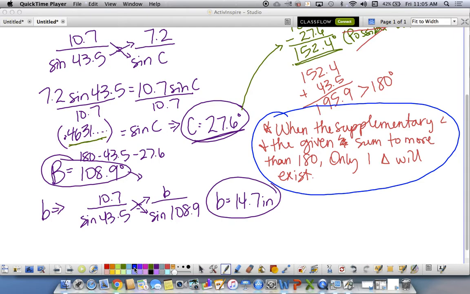Now we're going to do a few more problems to see, can you tell how many triangles will exist? We're going to do these together. We're going to find some numbers because I try not to make these up too often, because you never know what happens. Angle A is 61.4 degrees.